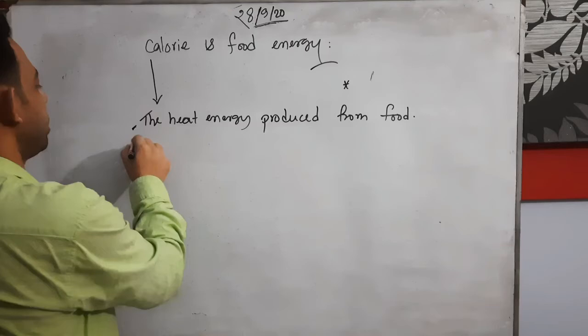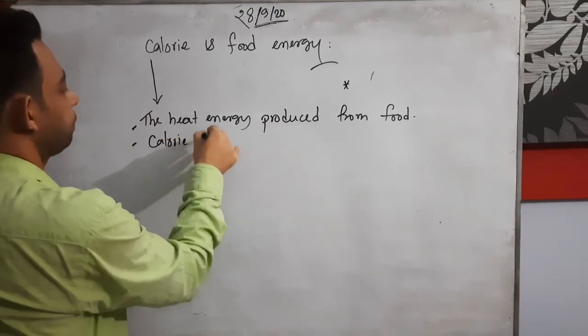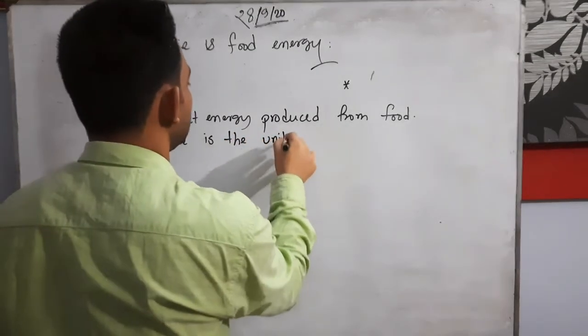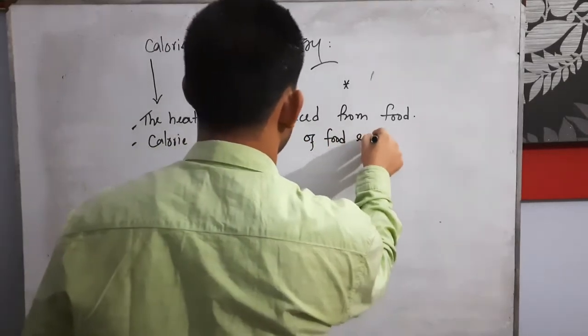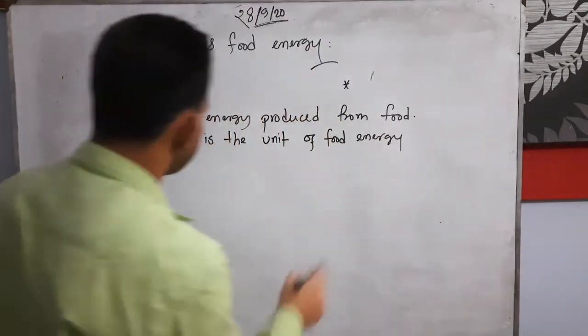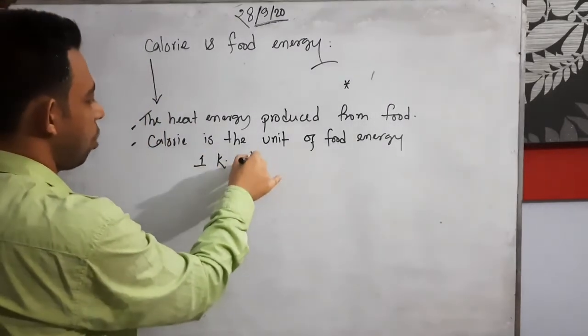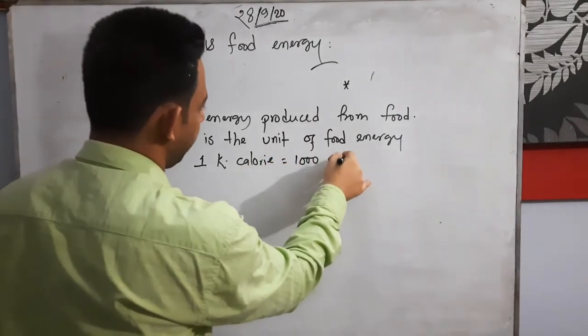We can say that the calorie is the unit of energy, the unit of food energy. Sometimes you can see 1 kilocalorie equals 1000 calorie.